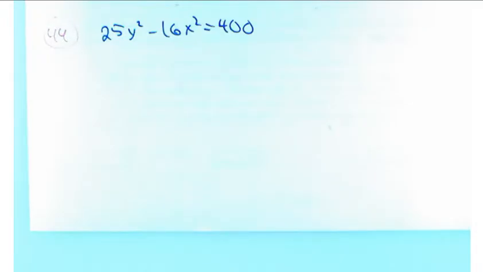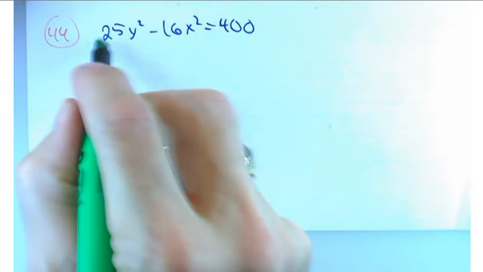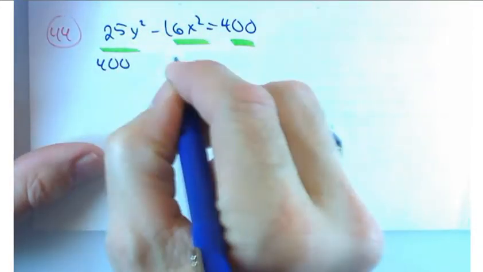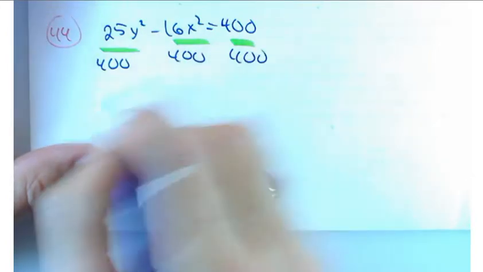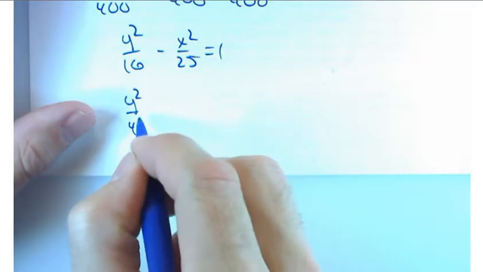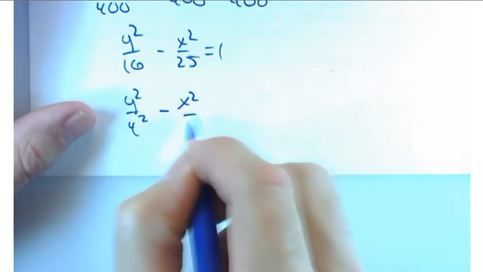What should we do to start this one? Yeah, divide everything by 400. So let's do that. That gives me y squared over 16 minus x squared over 25 equals 1. Or better yet, y squared over 4 squared minus x squared over 5 squared equals 1.